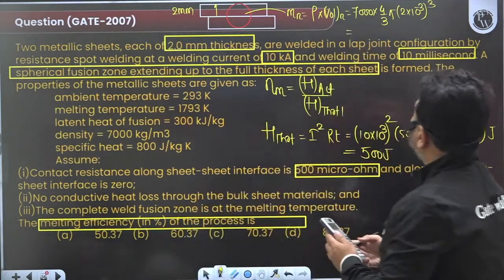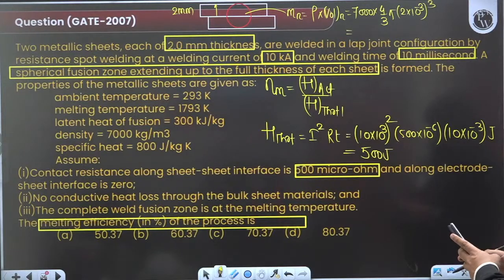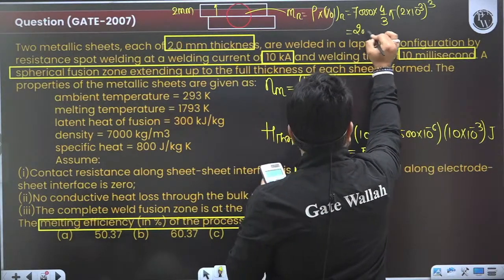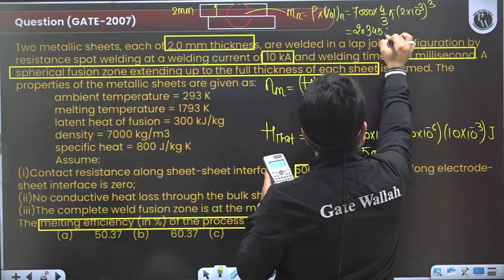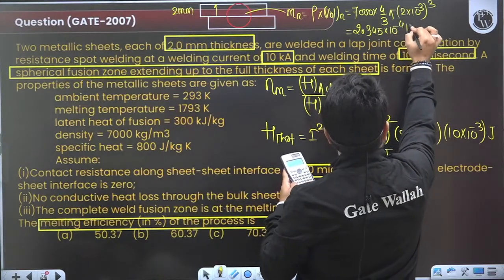So here comes the mass of the nugget, that is 4/3 × π × (2 × 10^-3)^3 × 7000. The answer is 2.34 × 10^-4 kg.